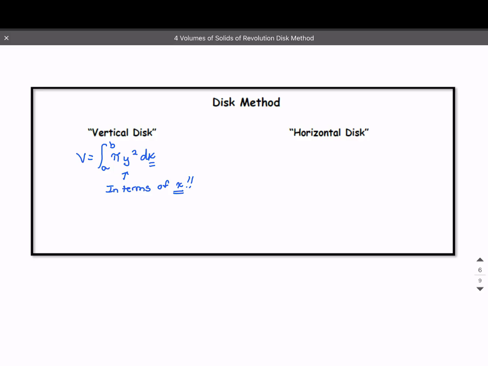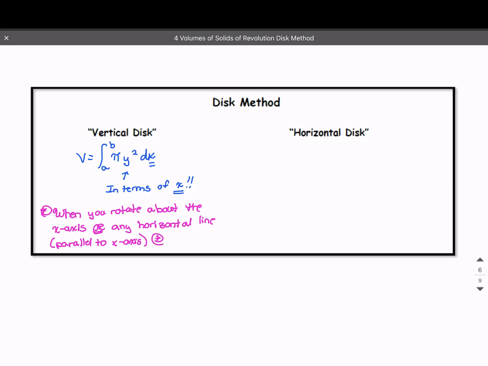And it's good to know that when you rotate about the x-axis or any horizontal line, which by the way is parallel to the x-axis, we are doing vertical discs with respect to x. Always, if you rotate around any kind, whether it's the x-axis or any horizontal line, it's always going to be in terms of x.